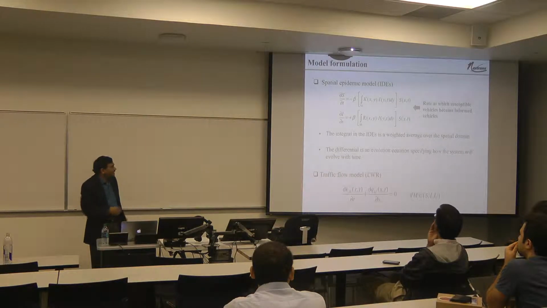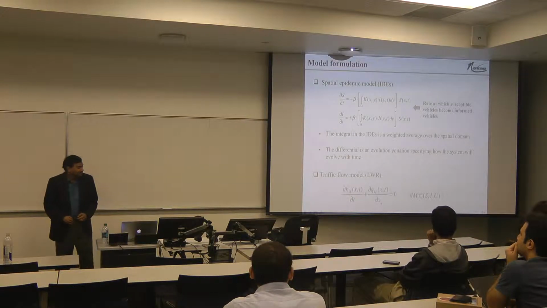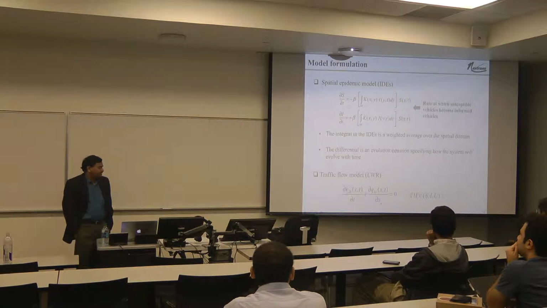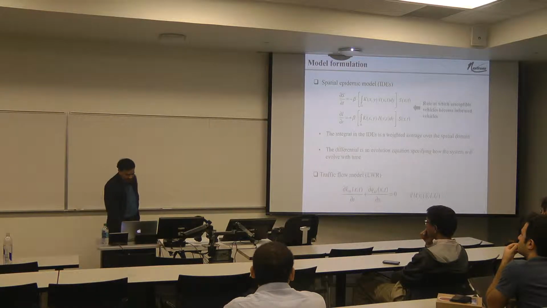You'll see both of them are identical except for the sign. This leads to an evolution equation that specifies how the system will evolve in time. The traffic flow model, many of you recognize that, is the classical relationship between flow and density, the fundamental relationship of traffic flow.